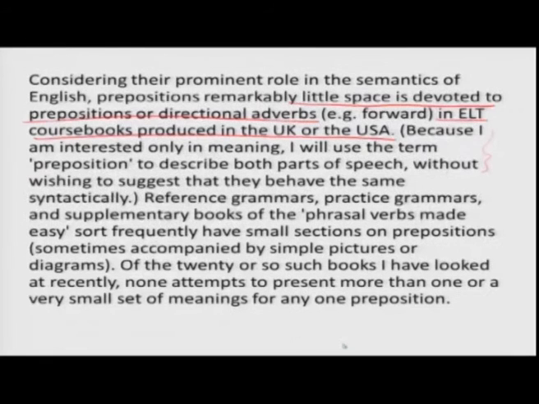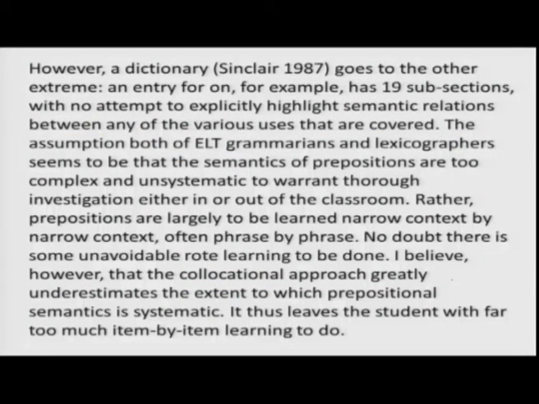So, here you saw that the writer mentions 20 or so such books I have looked at recently, none attempts to present a systematic account of even a single preposition. The details are not given here. If readers are interested, they can go back and consult these sources. The writer here focuses on one particular book, cited Sinclair 1987.